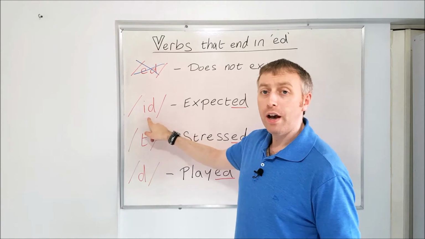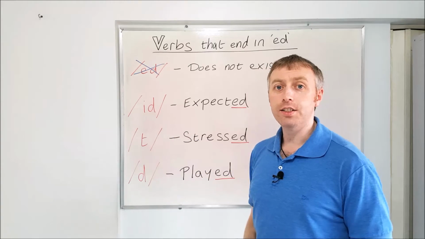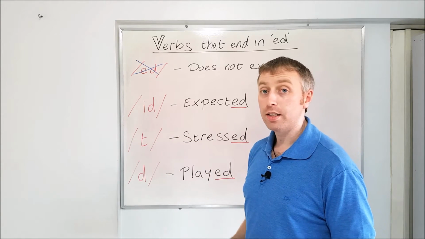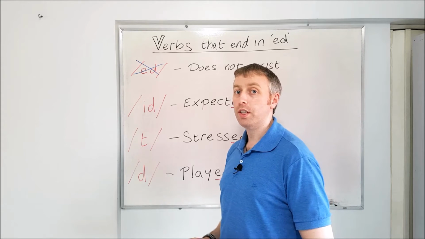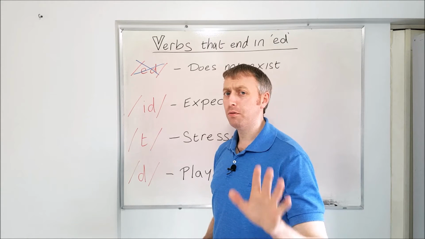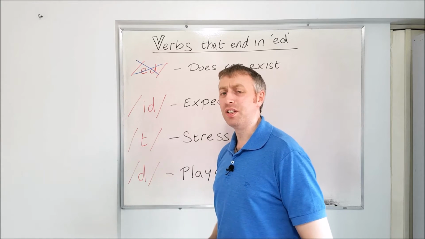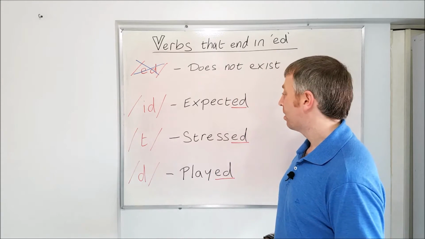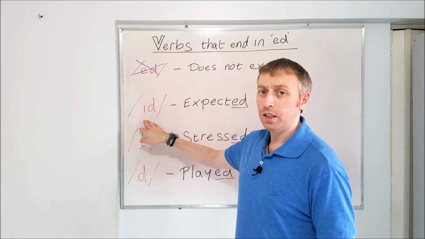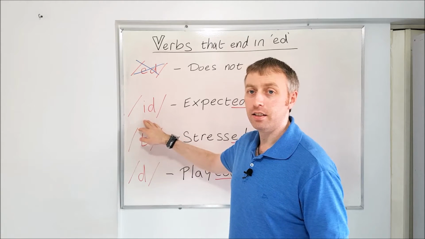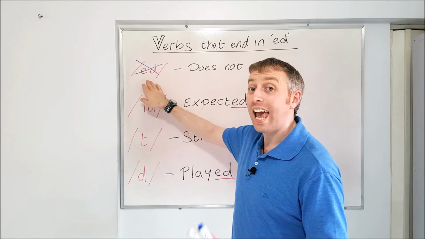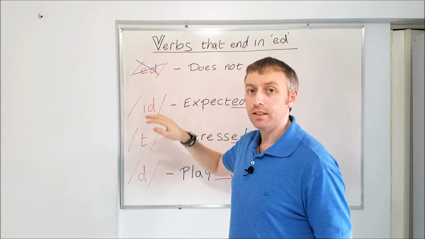So what we have instead are three different sounds depending on the word. I'm going to help you find out which word has which sound, but let's go over the sounds first of all. So this one we say "id", not "ed", it's "id".